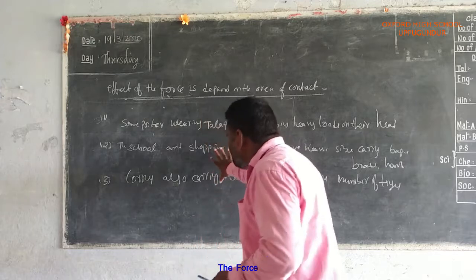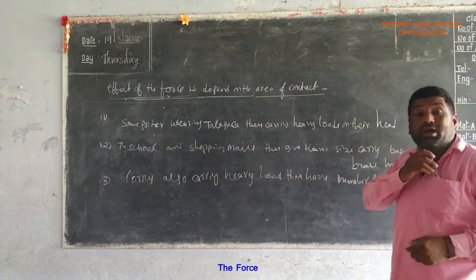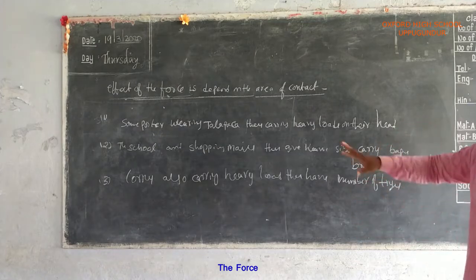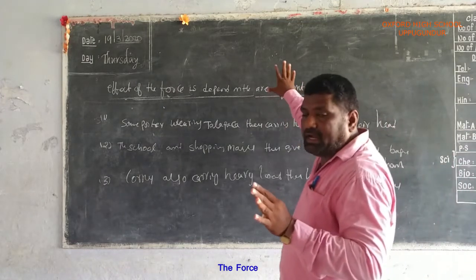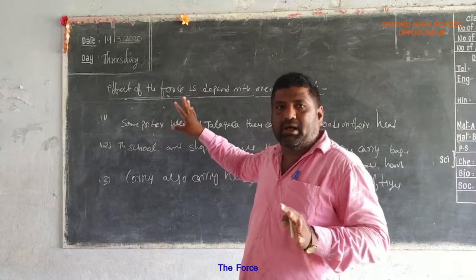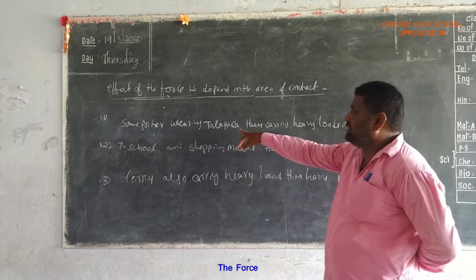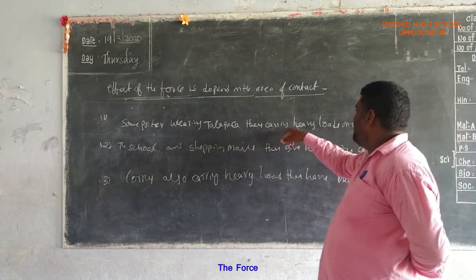So in these three examples, we observed that the effect of the force depends on the area of contact. For example, porters wearing the talapaka have a large contact area on their head.